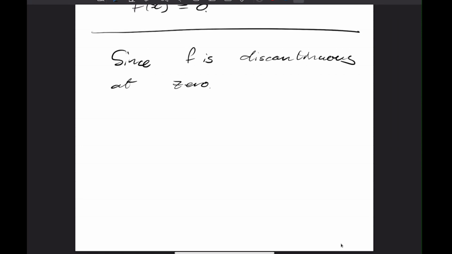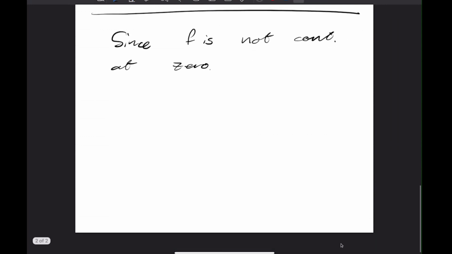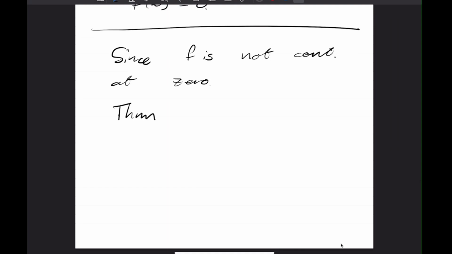or let's rather say since f is not continuous at 0, the integral mean value theorem is not applicable.